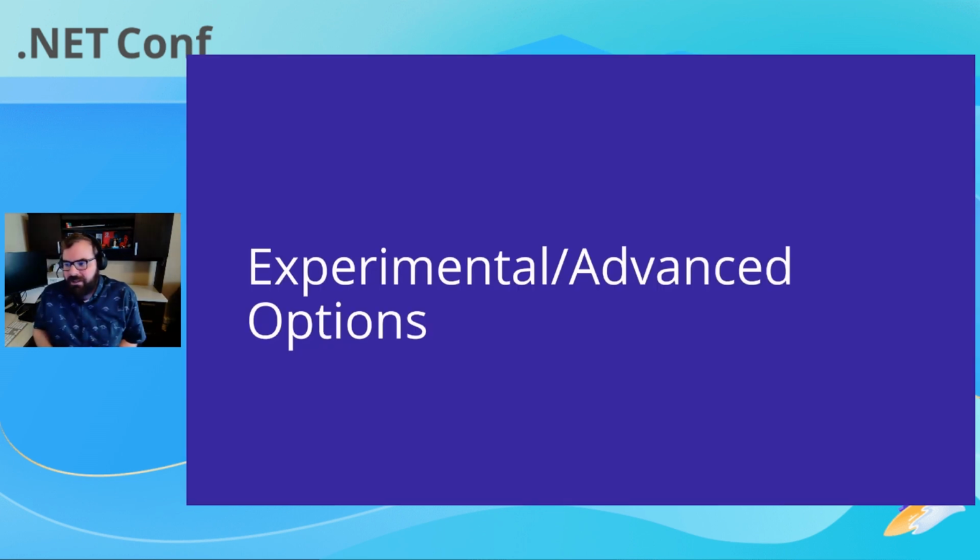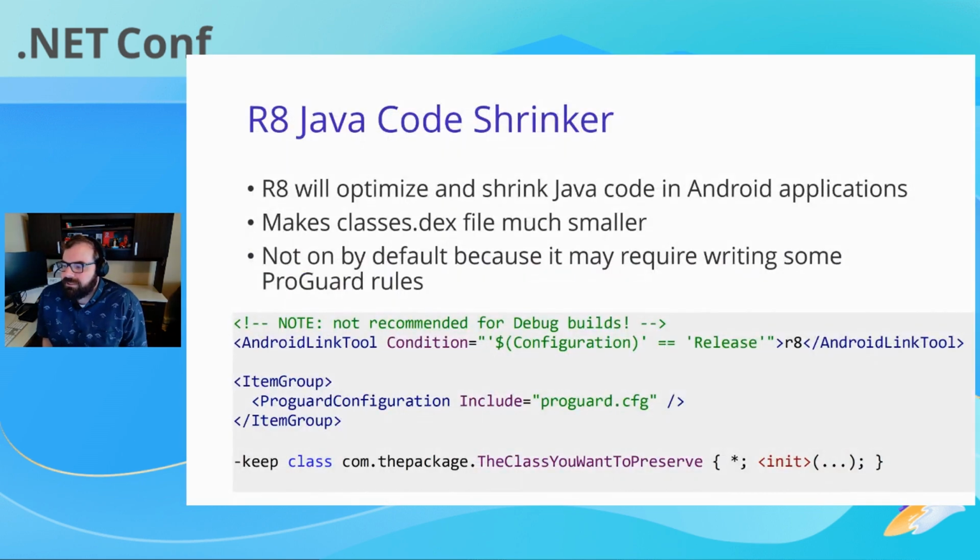Okay, so these are options that maybe eventually we'll be able to turn on by default, some of these, but we'll look at each one of these. So R8 is what we call a trimmer for Java, like we have a trimmer in .NET.